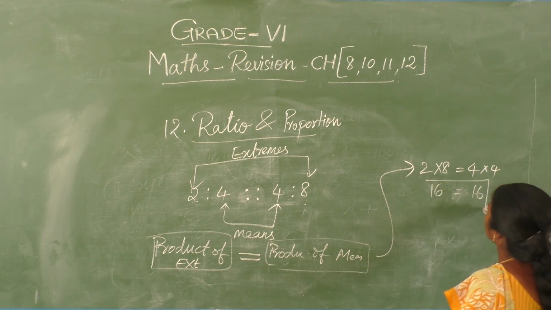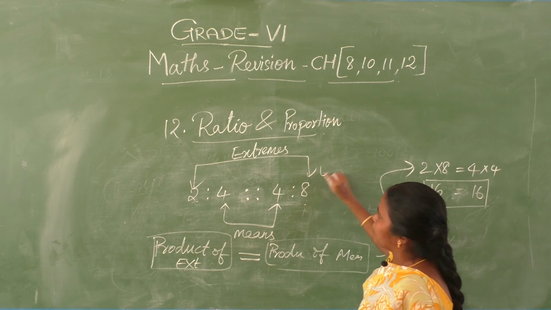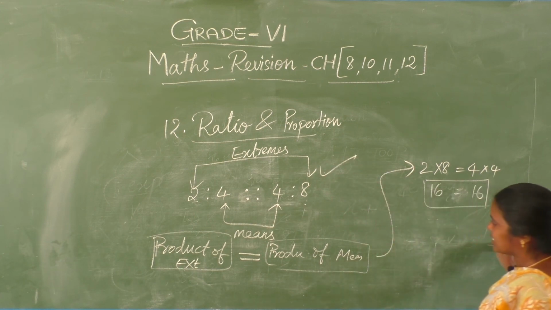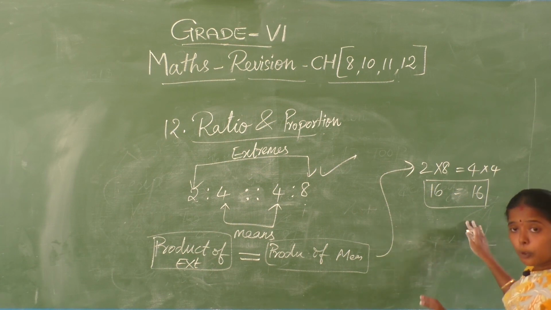Coming correctly, no? So we can conclude the given ratios are in proportion. Finally, the answer: the given ratios 2 is to 4 and 4 is to 8 are in proportion.